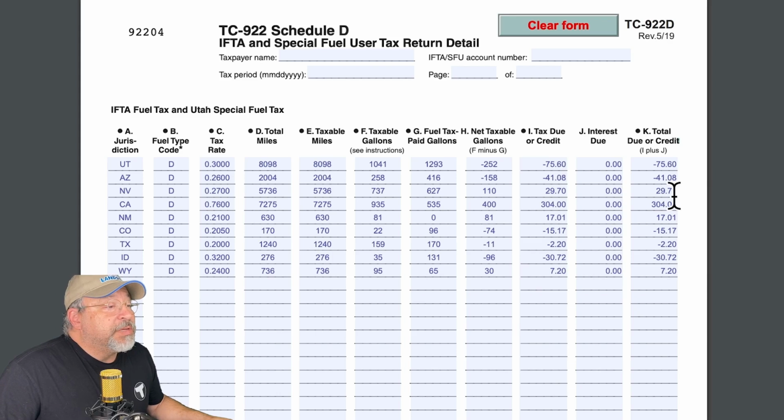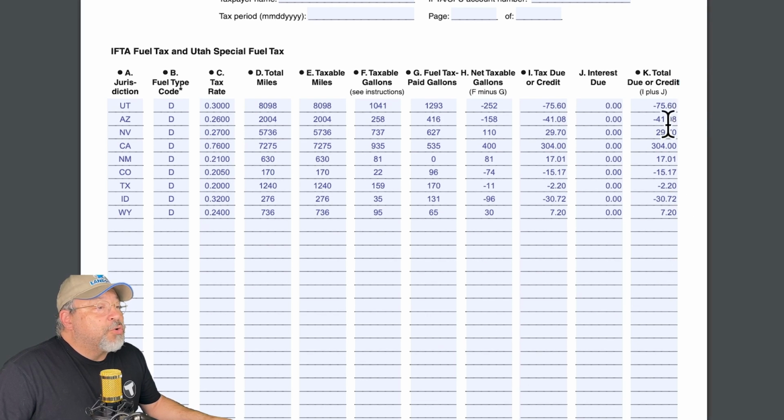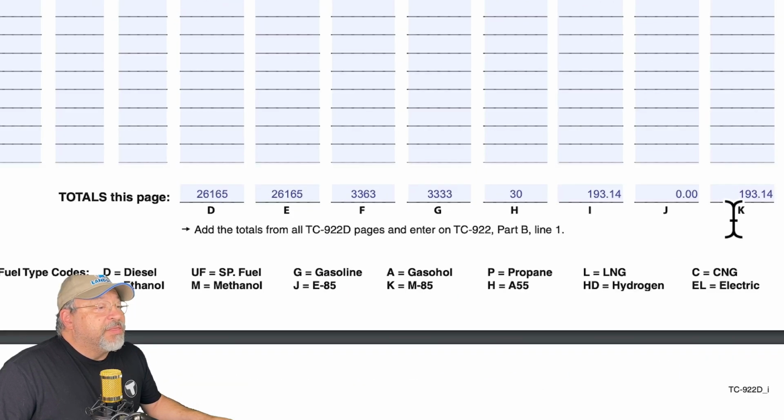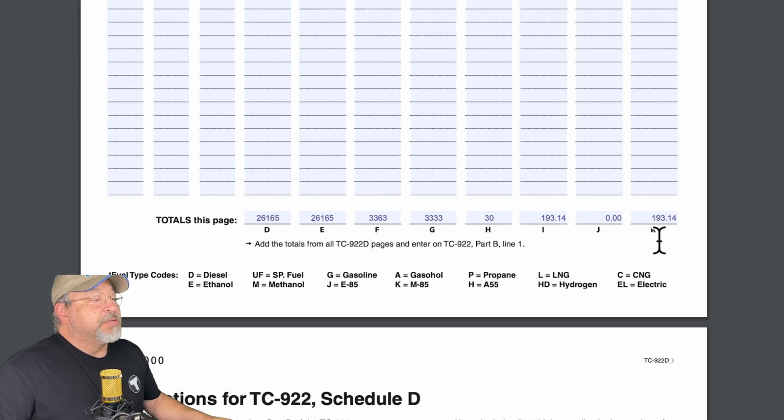So you keep doing this, and you just go state by state, and you'll have credits and debits and whatever, and then at the very end, when you total all of these up, you come to the bottom, and this is going to be either what you owe or what you're going to get a refund for. And on this particular report, I owe $193.14.